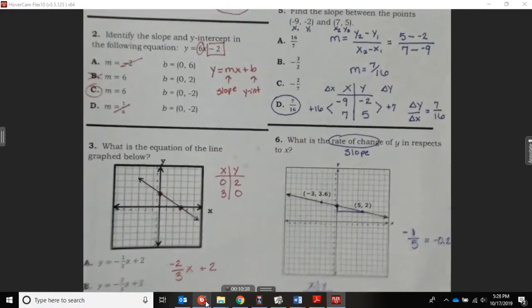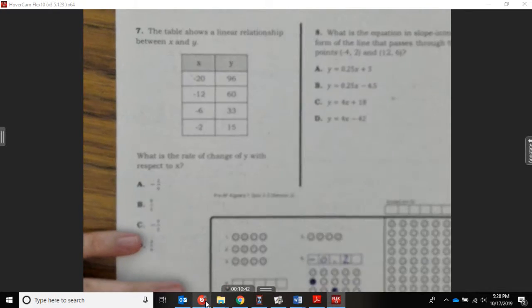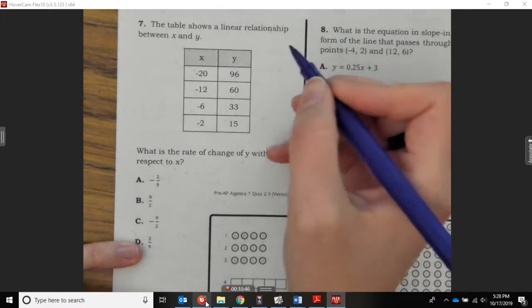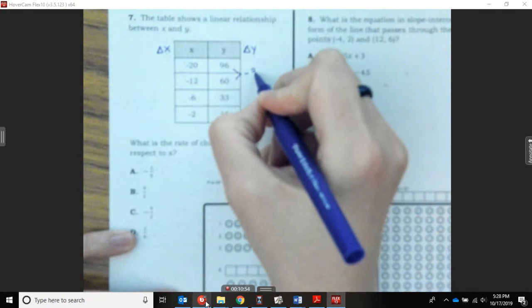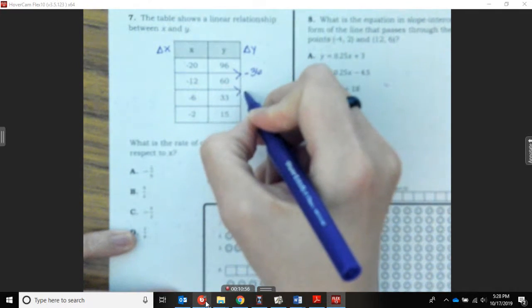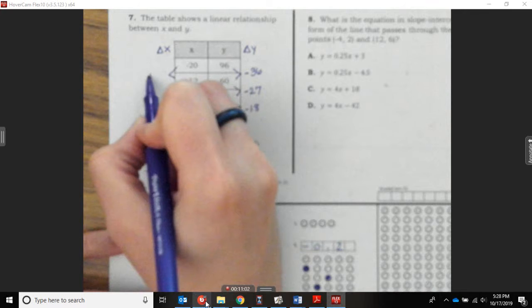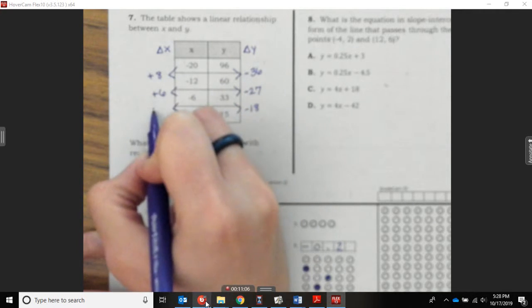All right, moving on to number 7. Number 7 is very much like the tables we've already done. If you're finding the change in y and then the change in x, from here to here is minus 36, and then minus 27, and minus 18. And on this side, it's plus 8, and then plus 6, and then plus 4.